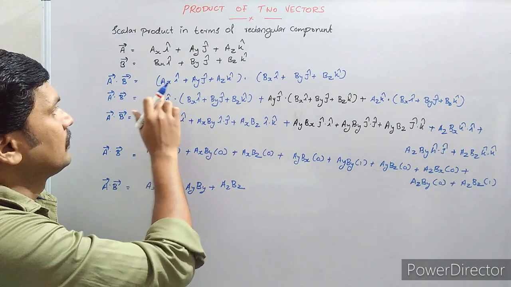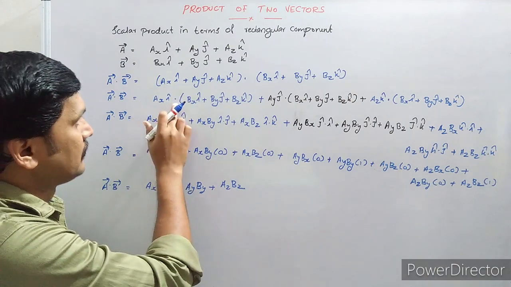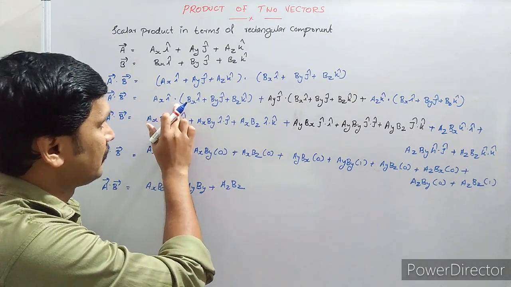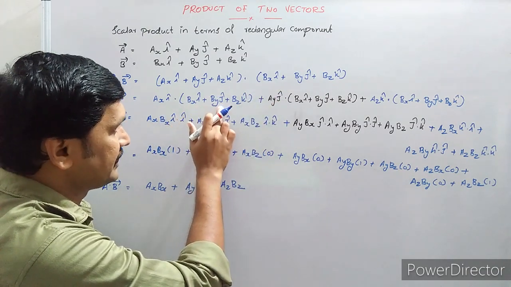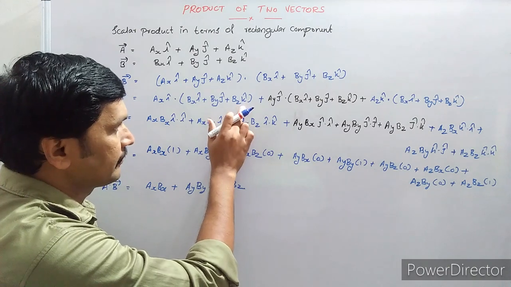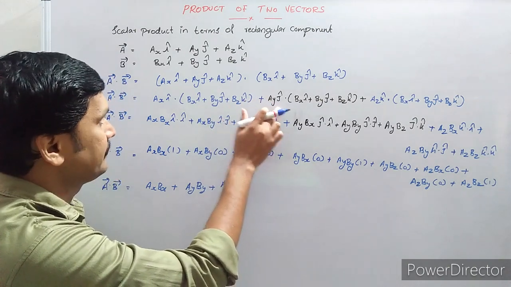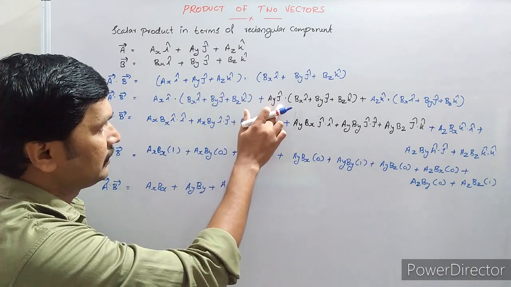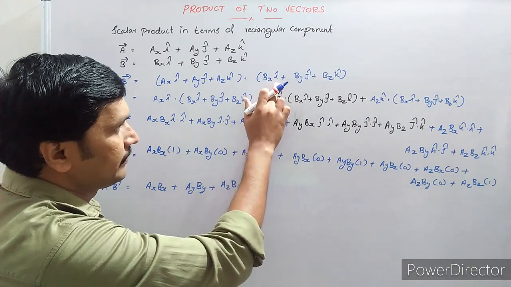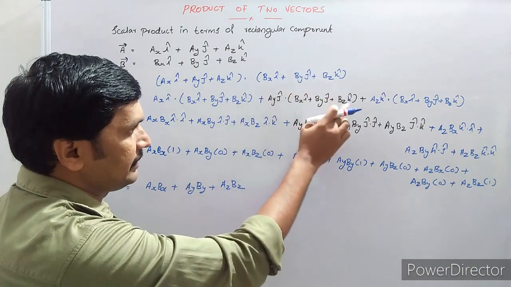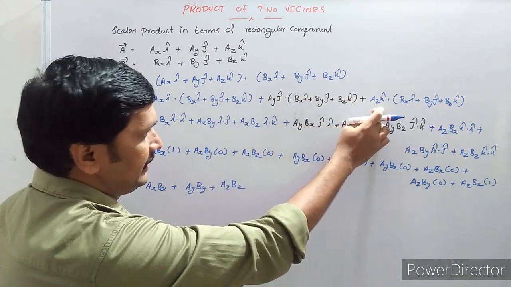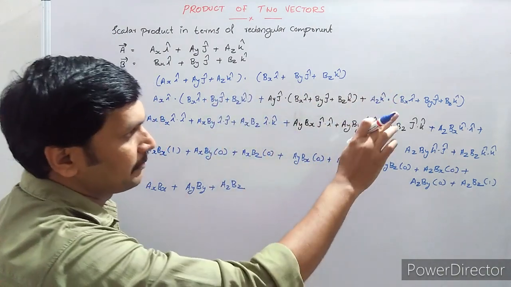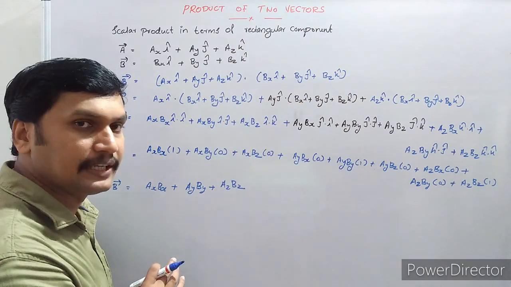So, first AxI dot the second vector, that is BxI plus ByJ plus BzK, plus the second term AyJ dot BxI plus ByJ plus BzK. Third term AzK dot BxI plus ByJ plus BzK.